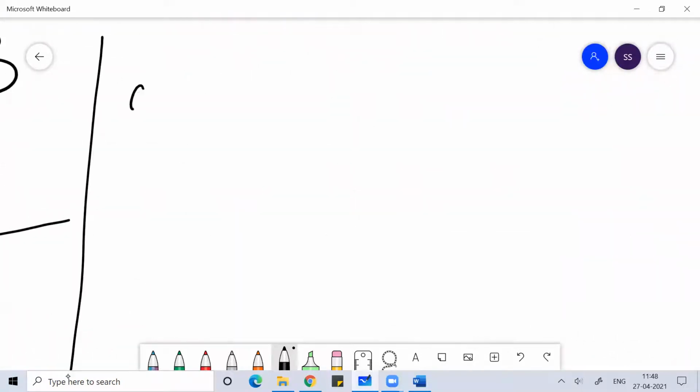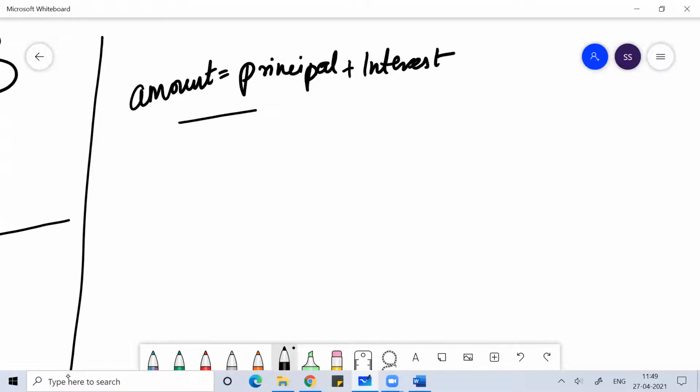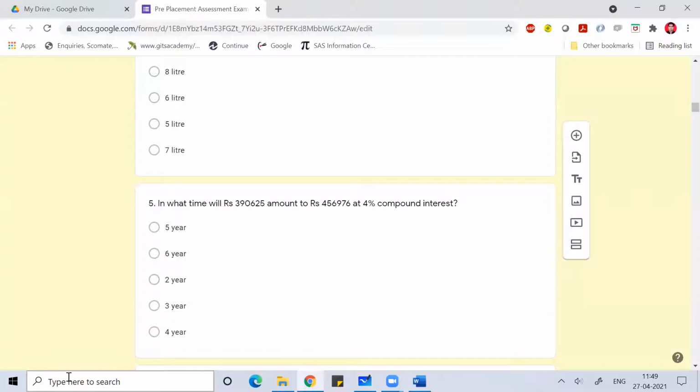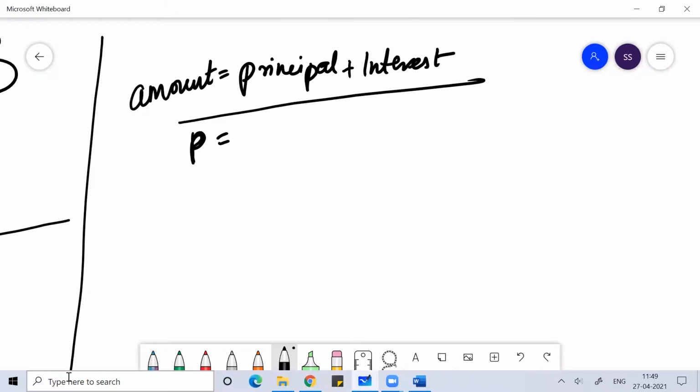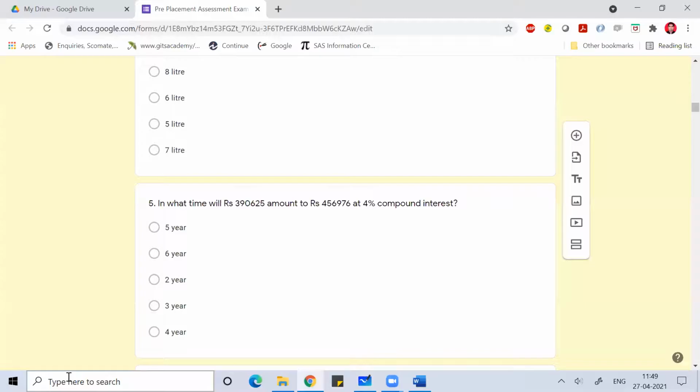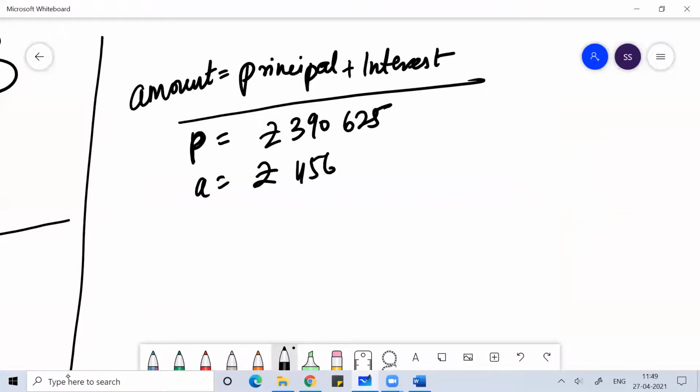You should know the formula that amount is equal to principal plus interest. So your principal here is 390625. Your amount is 456976, and your rate of interest is 4% per annum.